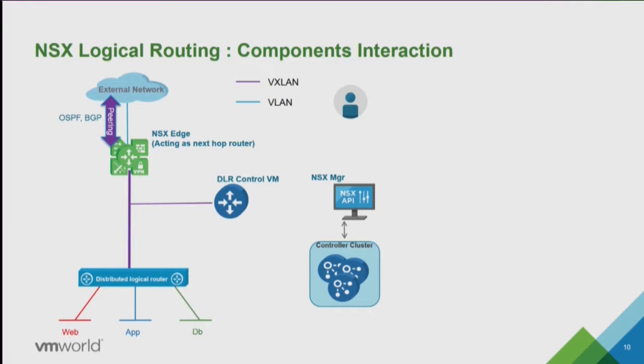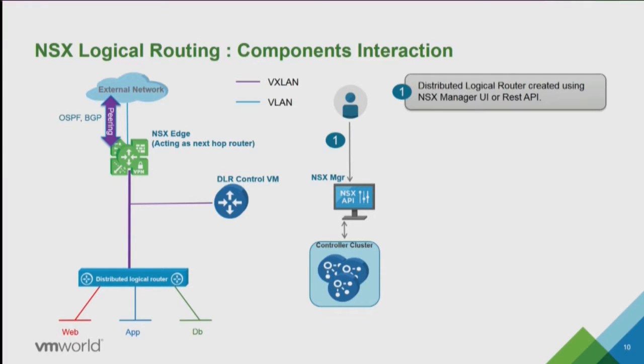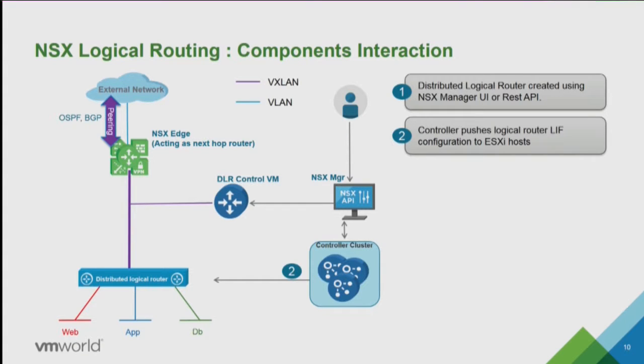So how does the DLR work? We've got a user that is configuring a new distributed logical router. So it's using the UI or API towards the NSX manager. And from there, the manager will push information to the controllers.